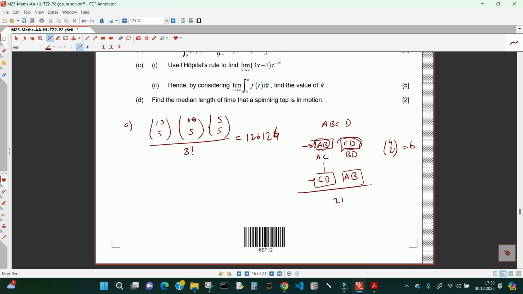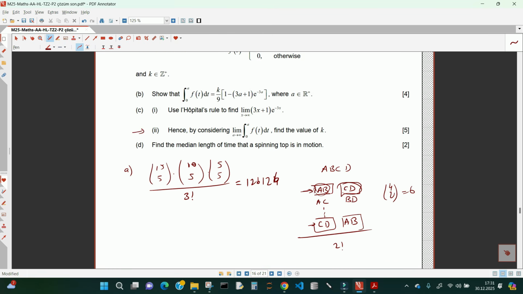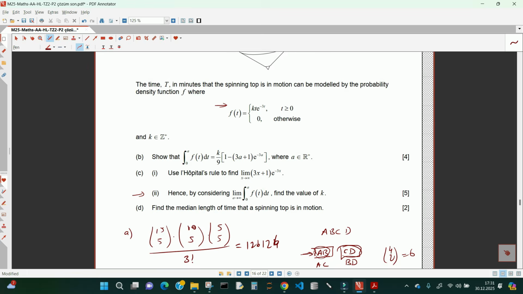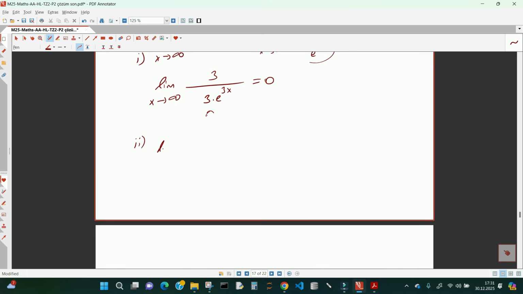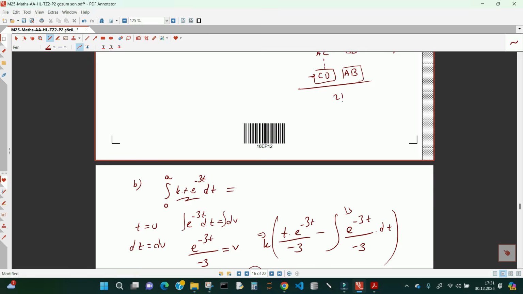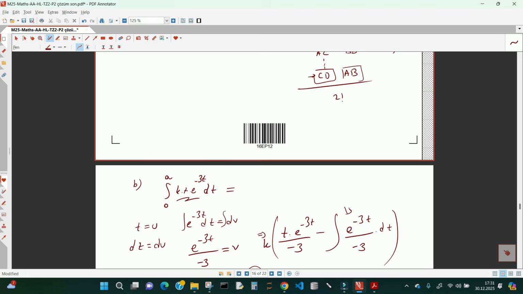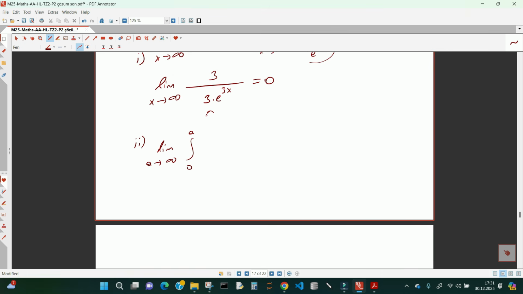And the second question of part C hints: by considering this limit, find the value of k. We're going to write this limit: as a approaches infinity, the integral from 0 to a of f(t) dt.